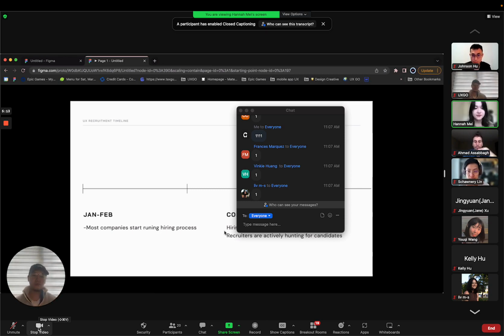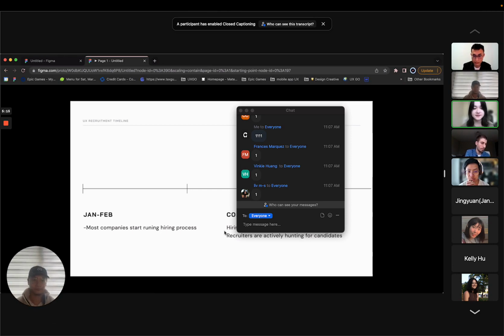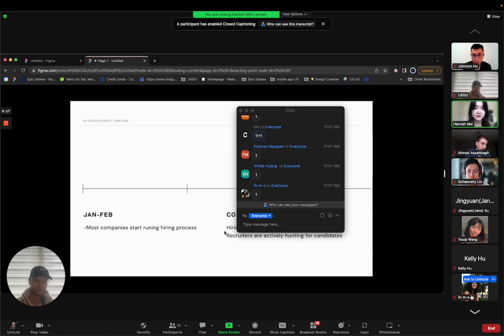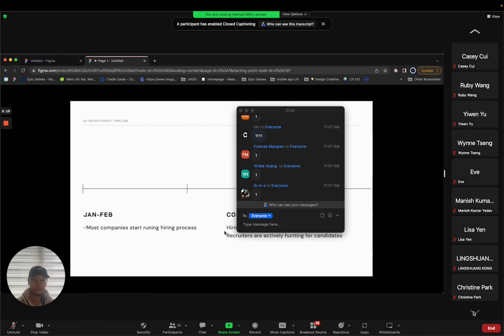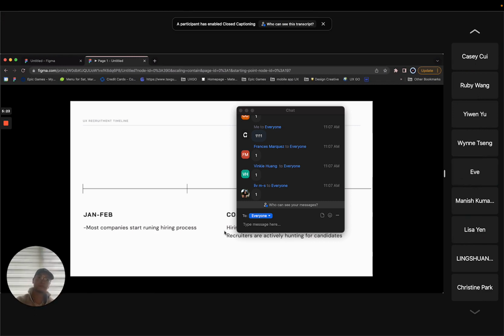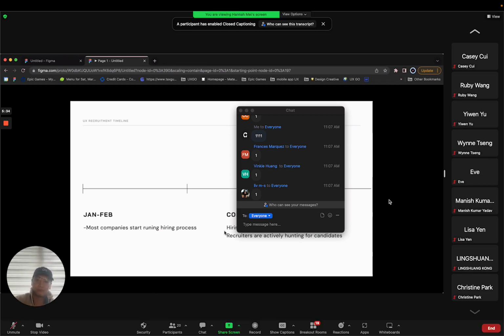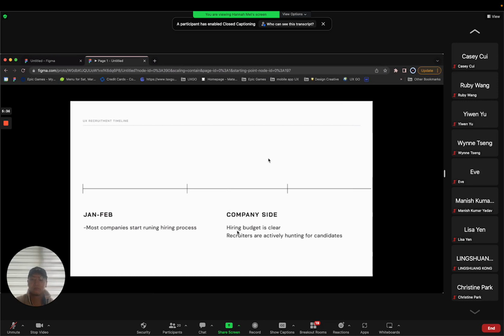But for January and February, you're probably going to receive lots of emails from them telling you, hey, we are running our interview process right now. That's the reason why you should apply as soon as possible, because not all the interview processes will happen within 1 or 2 months. Sometimes they delay it to the next year.